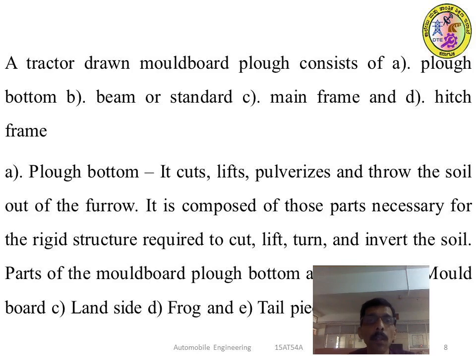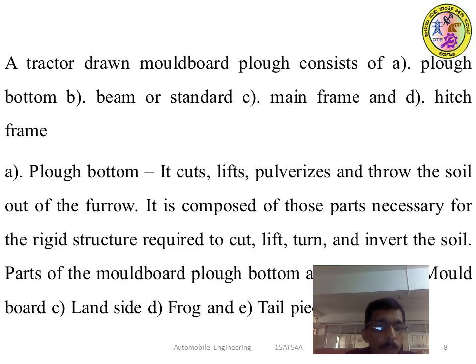First, the plow bottom. The main function of the plow bottom is that it cuts the soil, lifts the soil, pulverizes the soil and throws the soil out of the furrow.